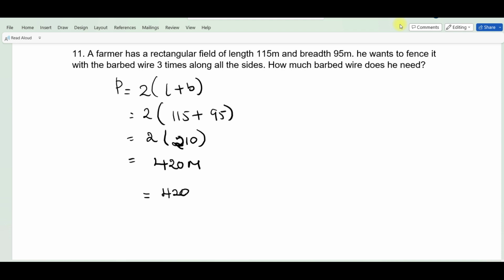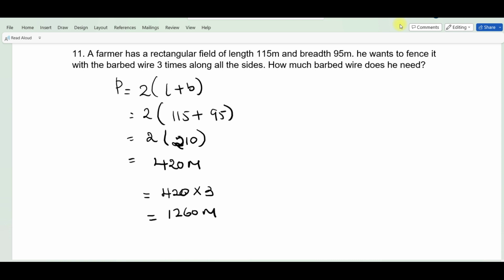That is the total perimeter which you have got. We have to just multiply by 3, which gives you 1260. So one time fencing with the wire will be 420 meters. If he has to do it 3 times along all the sides, it would be 1260 meters.